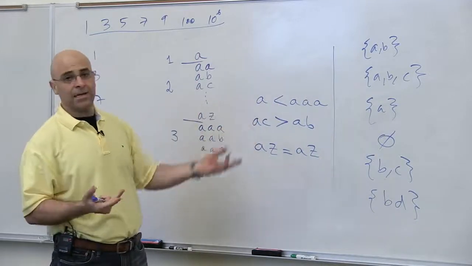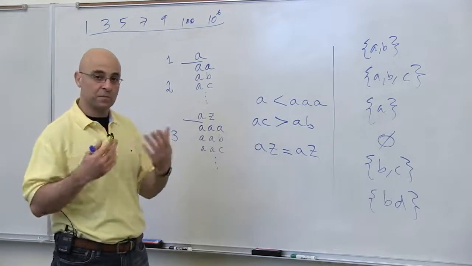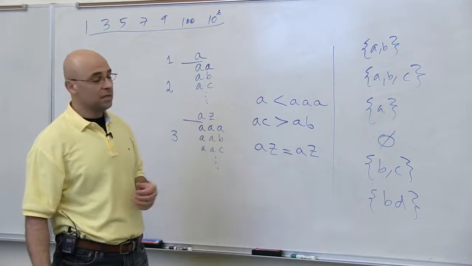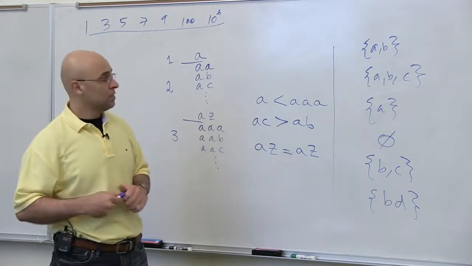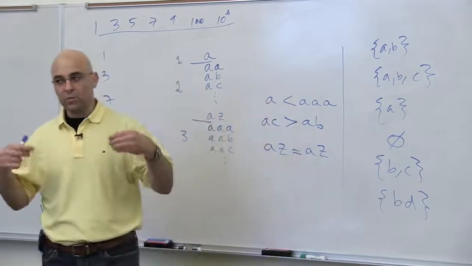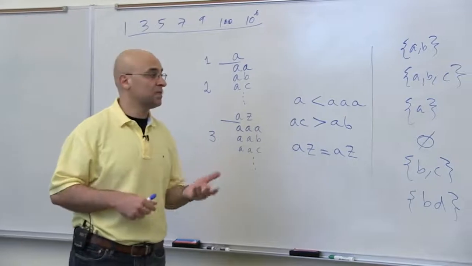These 6 sets, can I order them? Can I say which one is smaller than the other or which one comes before the other? The answer is yes for some of them. The answer is no for others. So the natural way to order sets like these is to think about containment. Which one contains the other?